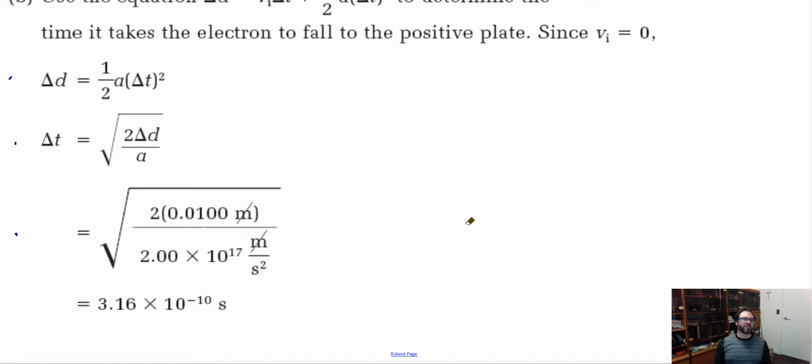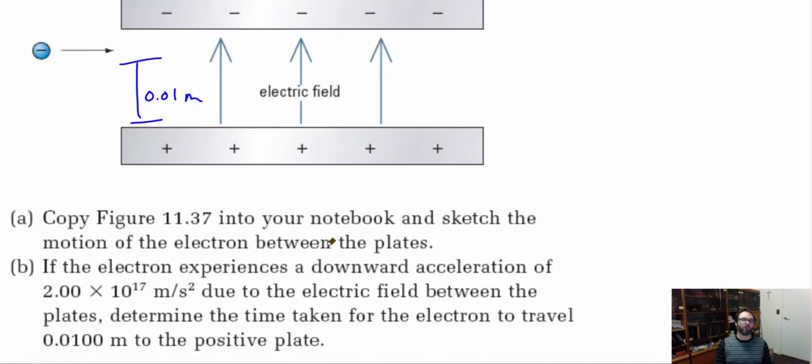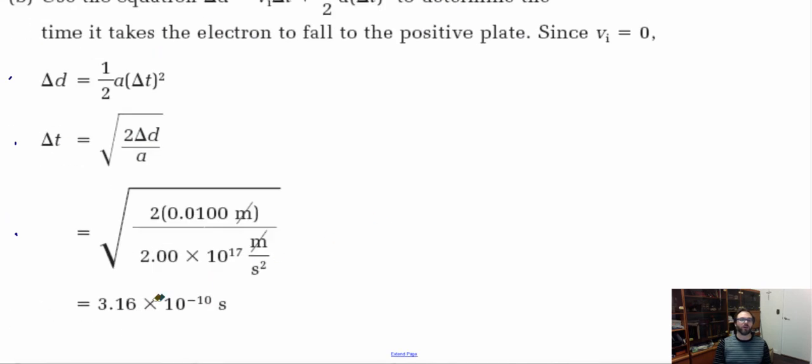So once again, this is very similar to how we did our Thelma and Louise questions. Now once I know my time, it's easy for me to find out, if I wanted to know, how far the electron would travel before it hits the plate. So what would be my x? Now that I know my time, it is the one thing that is transferable between x and y.